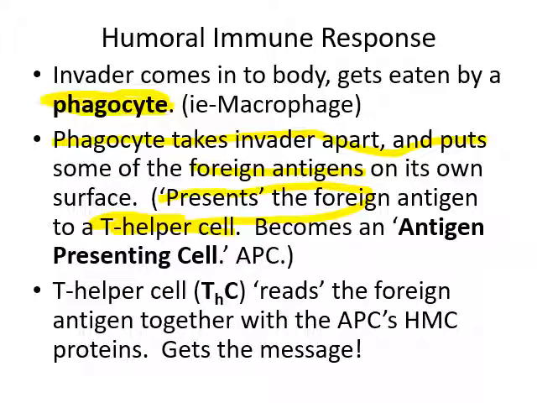So in this case, a phagocyte engulfs a foreign bacteria. It takes it apart and then puts some of the foreign antigens onto its own surface. A T helper cell then comes and makes contact with the antigen presenting cell, as it's now called, and recognizes that this is one of its own phagocytes, presenting it with the antigen that is found on the surface of the bad guy. So then the T helper cell goes and finds a B cell or a series of B cells that will make antibodies that will bind specifically to that foreign antigen.